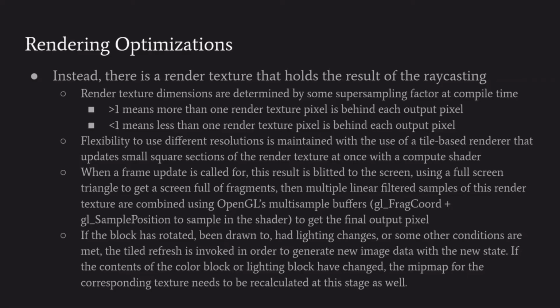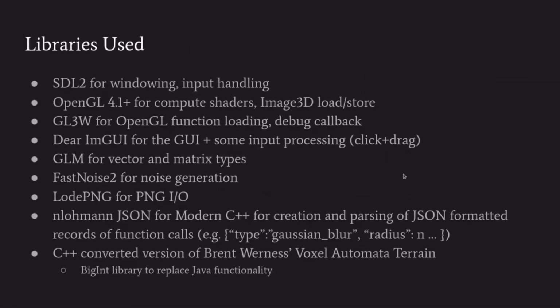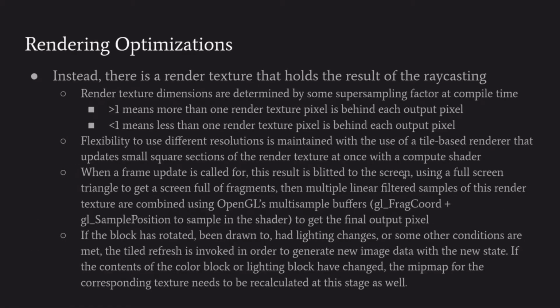And to take advantage of the super sampling, this has gotten rid of a lot of aliasing and created a really smooth image, I think, at this point. When this sampling is done, to put the pixels on the screen, I have a triangle that covers the entire screen, and I'm sampling the render texture with linear filtering, using a multi-sample buffer when sampling.